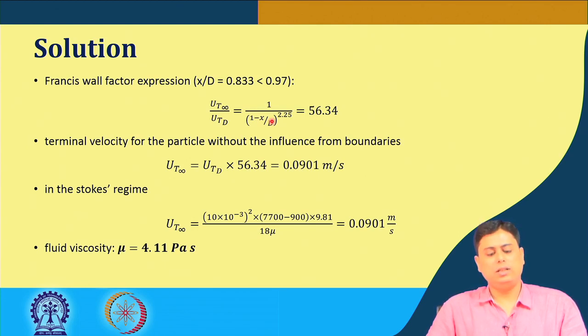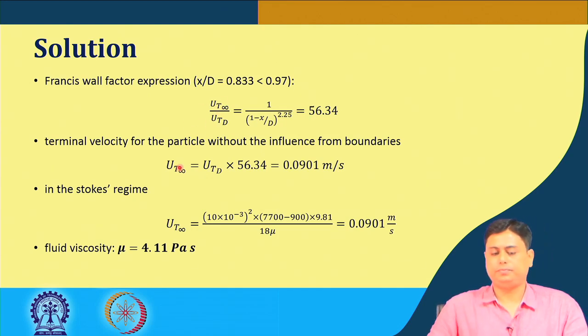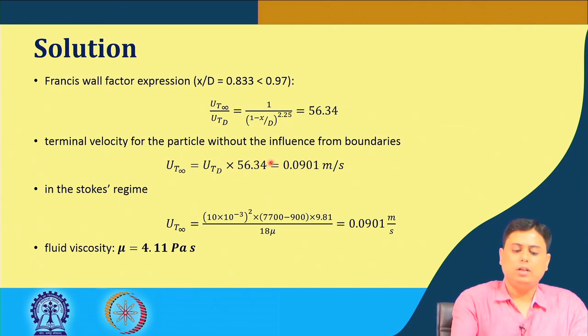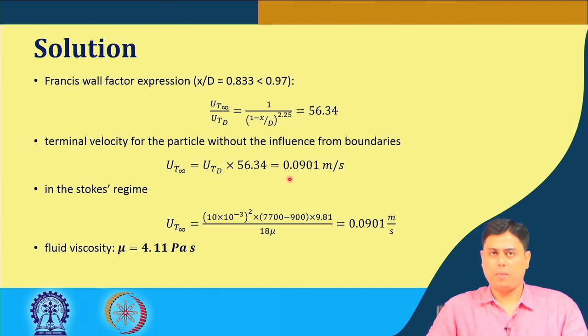So using this expression, because this UTD is already mentioned here and x by d we know, we can find out the ut infinity. So ut infinity is basically 0.09 meter per second.